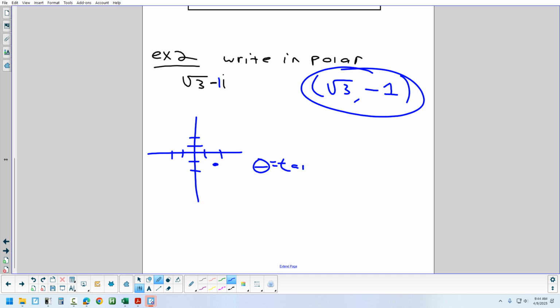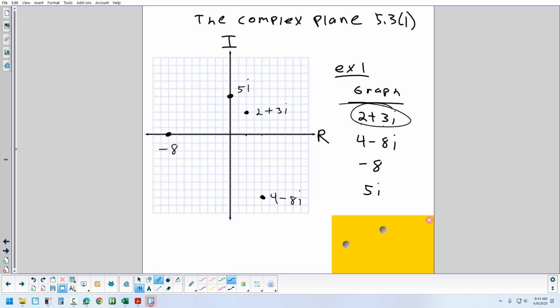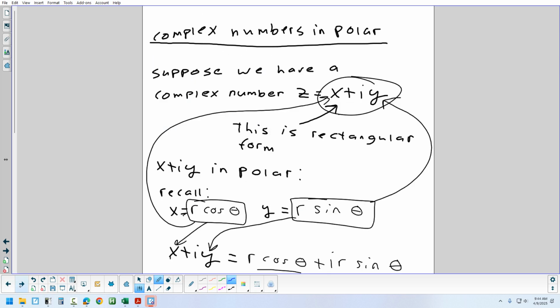is the inverse tangent of, what's the order of the letters? What goes on top? Y. That's your y. The y is always what's with the i. I think they rhyme.